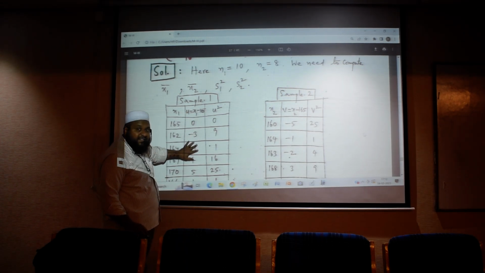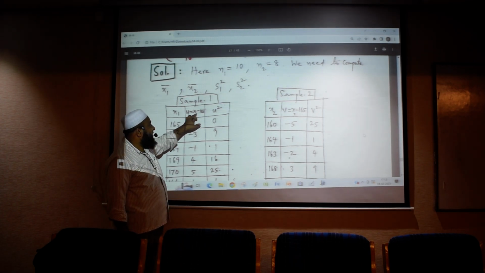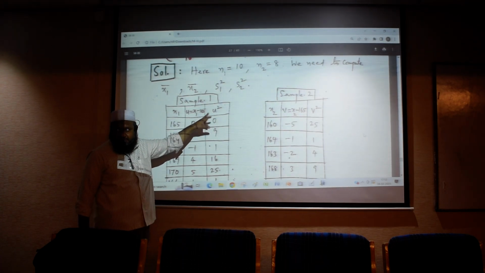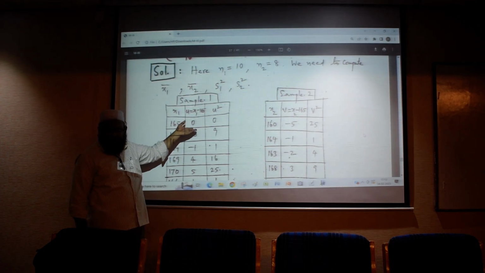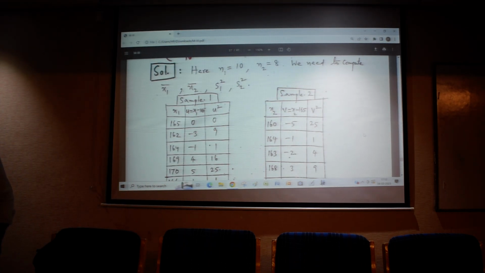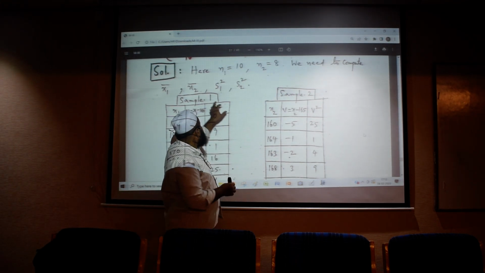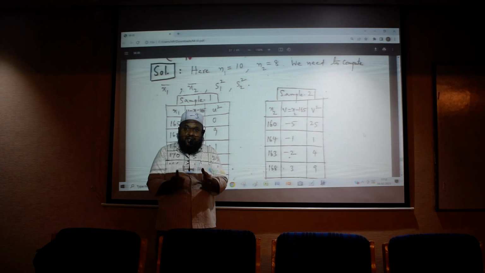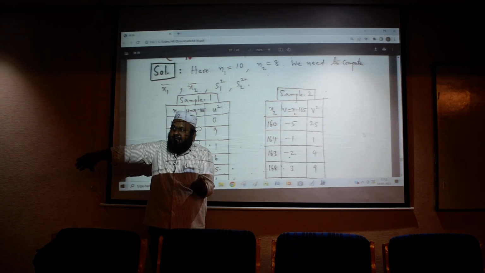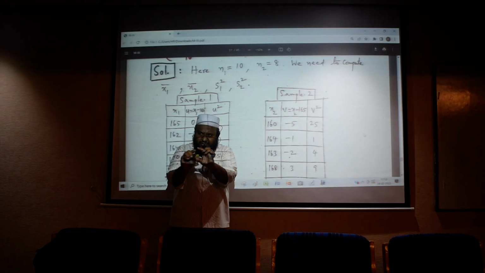Do you remember the previous problem? We have done the same way. So u and u square, v and v square. I have used 165, but you can change the numbers: 166 for one, 167 for another. You take some suitable number. The better way to select it is a middle number, such that some numbers are less than that and some are greater than that.